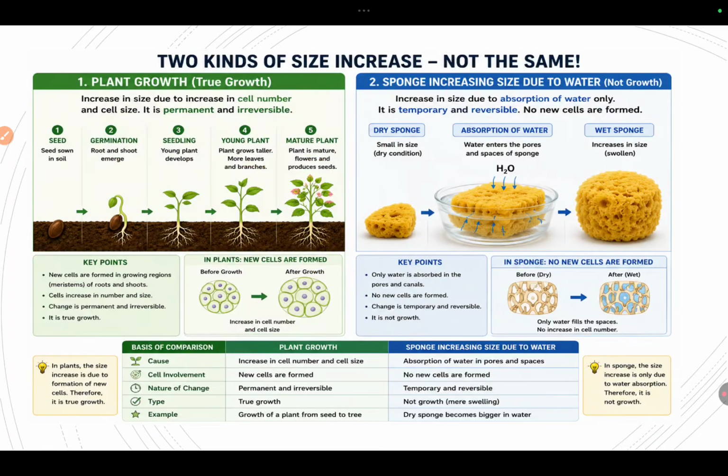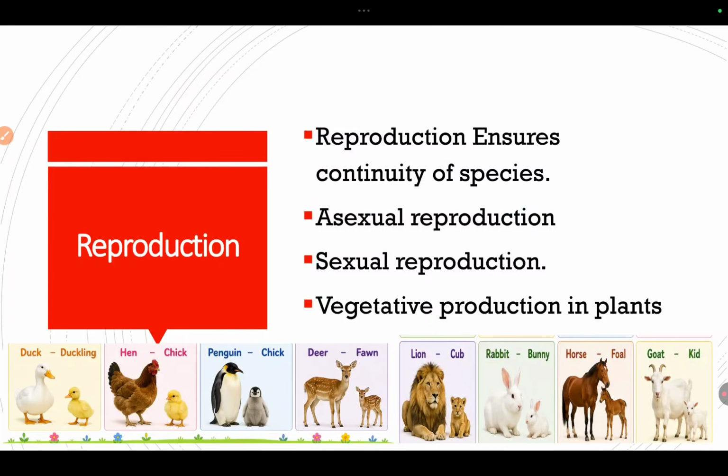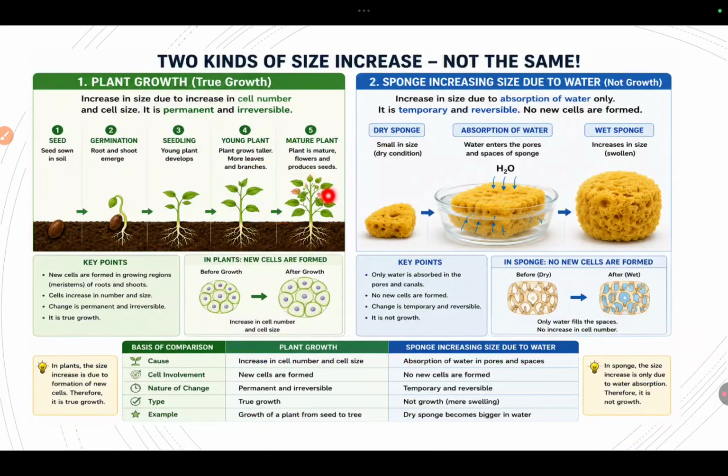Here is a very interesting example differentiating the growth and development of a living thing and just an increase in size of a non-living thing. You can see the key points are that when a living thing is growing and developing, cells are increasing in size and number, and this is permanent and irreversible.